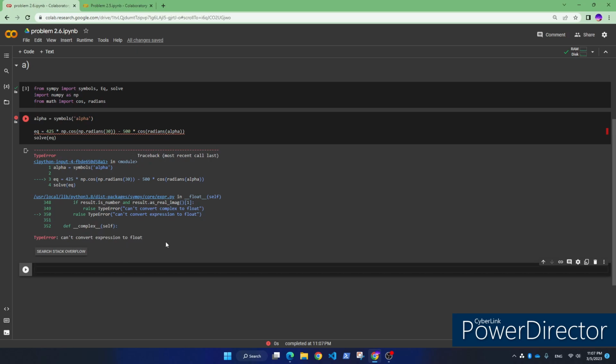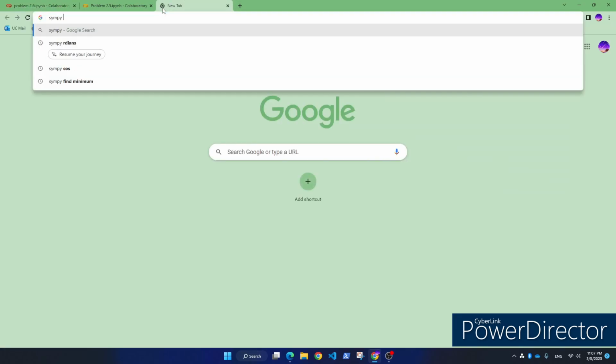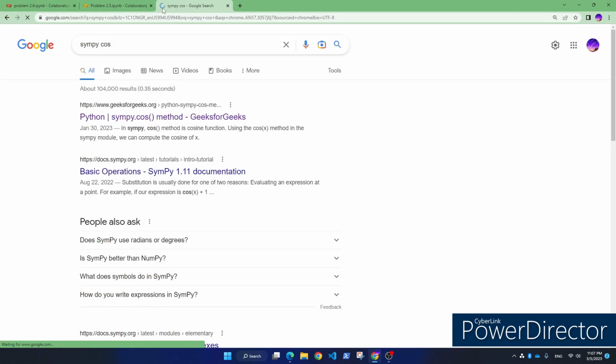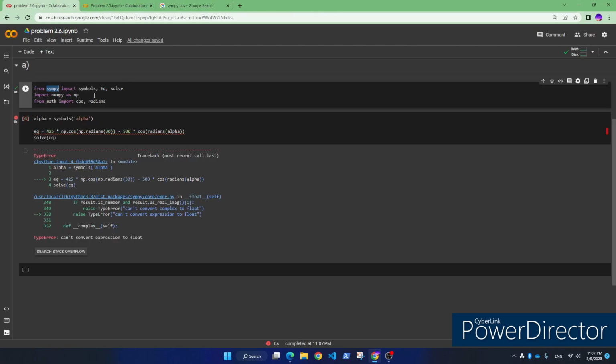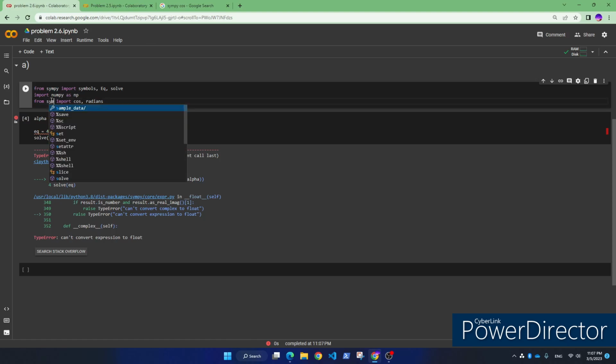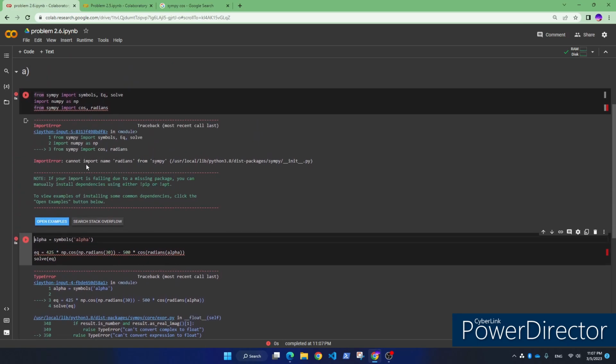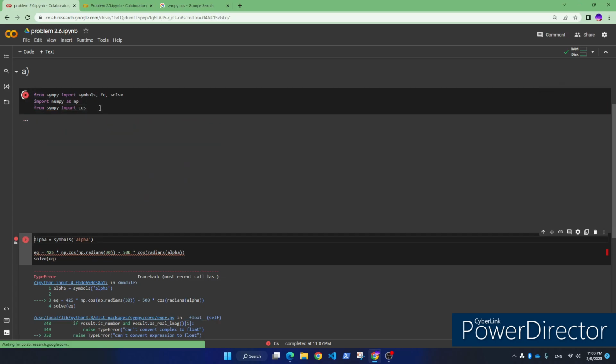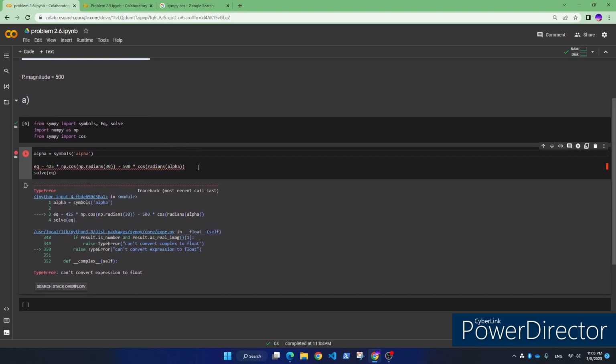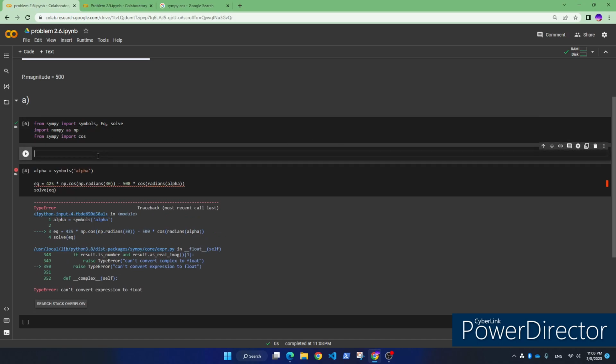Can't convert expression to float. So then does SymPy have a solver? Yeah, okay. So this is then what we were gonna do. Let's import cosine and we will deal with radians.